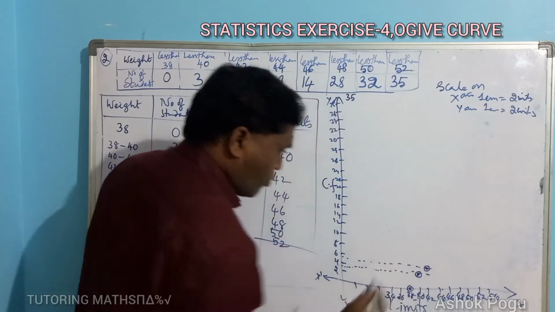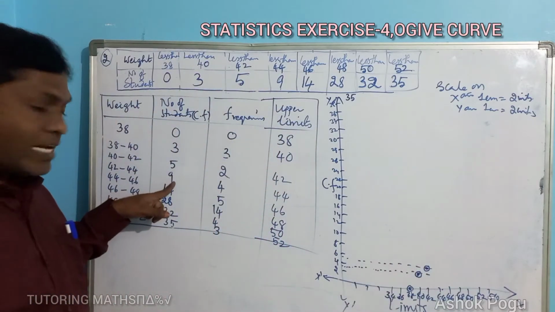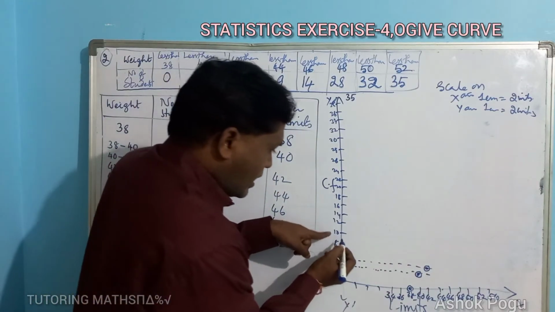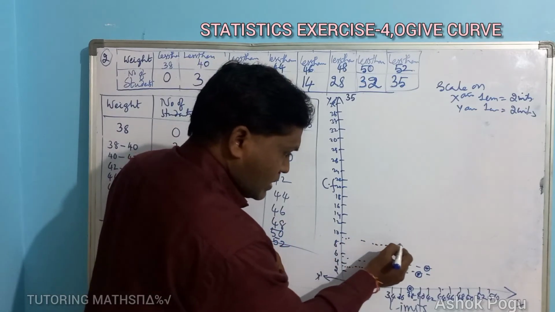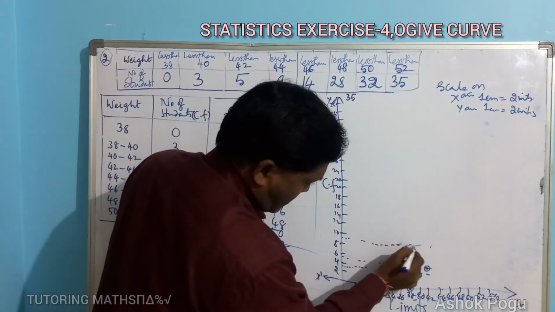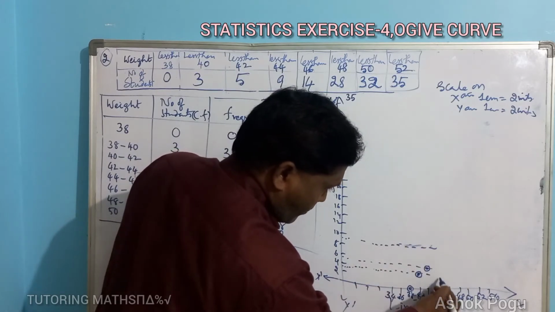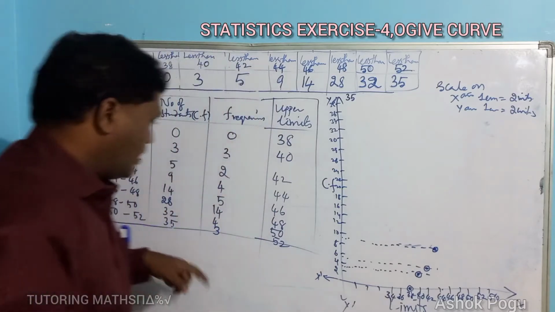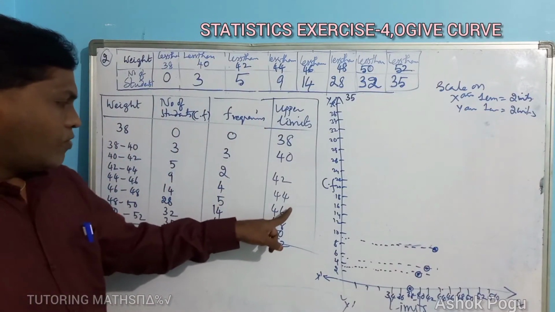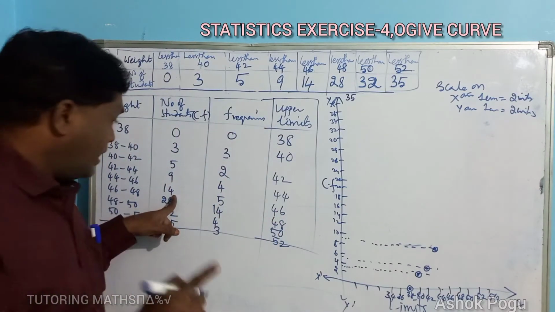Next 44. 44 is the ninth observation. Between 8 and 10, 9. It's 44. Yes, here we get it. Next, 46, the observation is 14.